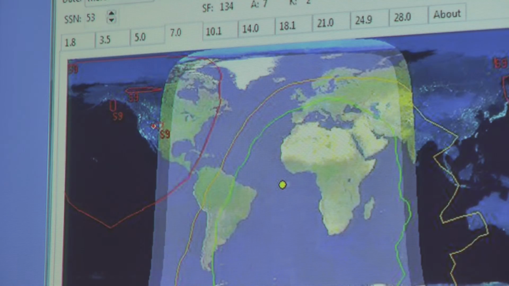I remember one time we were working a DX entity that was right down here. Everybody in the United States is trying to work them. They're a really rare DX base. I can't remember the name, but everybody's calling and calling and calling. Pretty soon the gray line went right over Salt Lake City and right over them at the same time, and it was like they were next door.